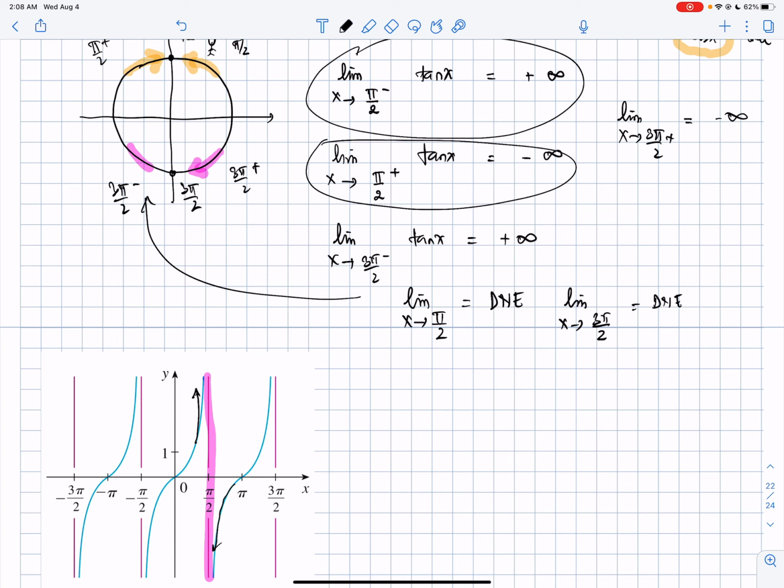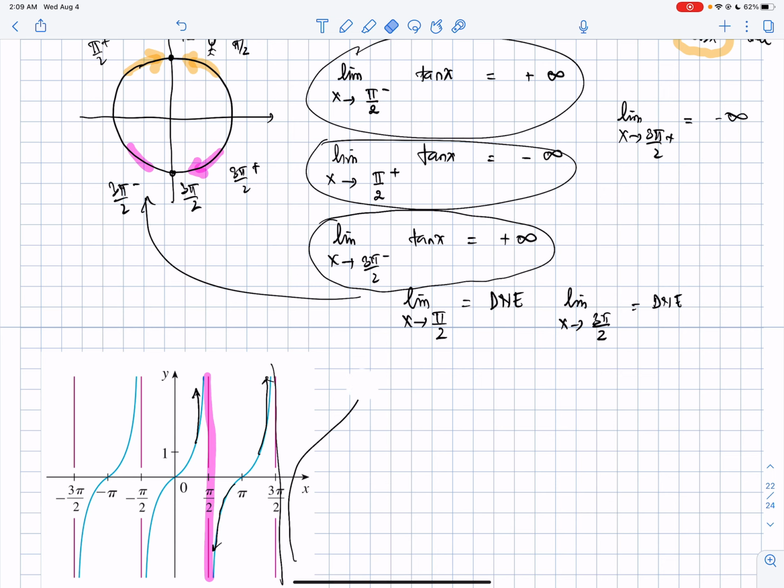Now let's look at 3 pi over 2, which is this line. When we approach 3 pi over 2 on the left hand side, we will get positive because it goes up, right? Okay, and so on. You can continue to draw for 3 pi over 2 on the right hand side.